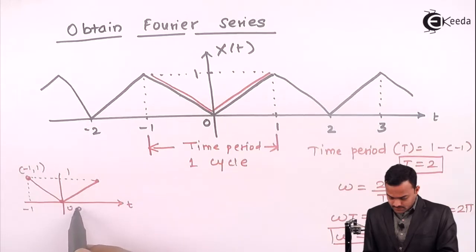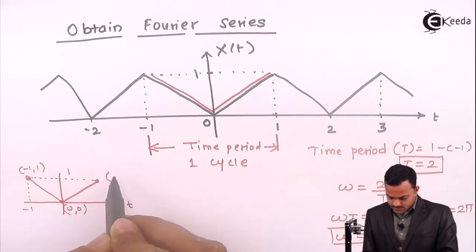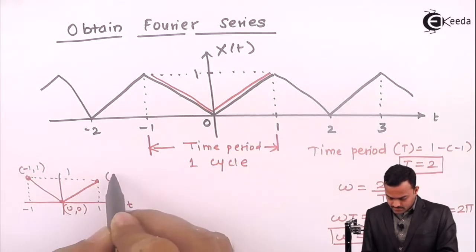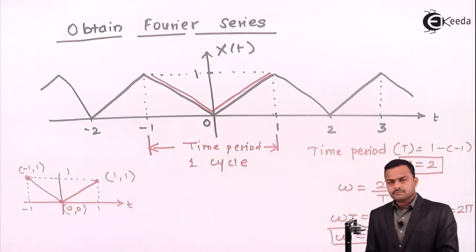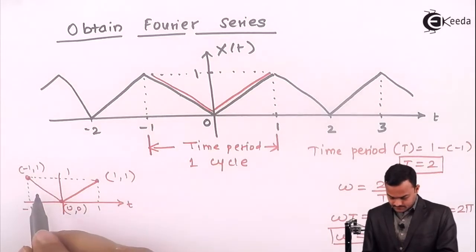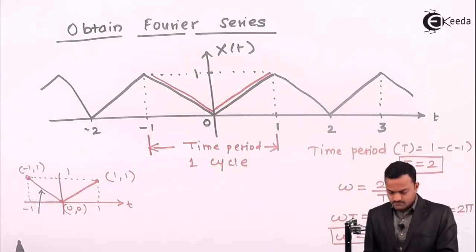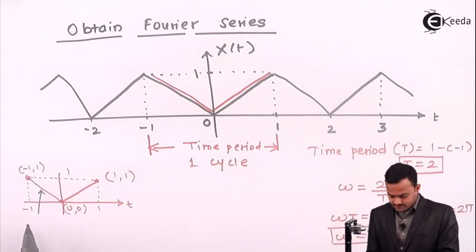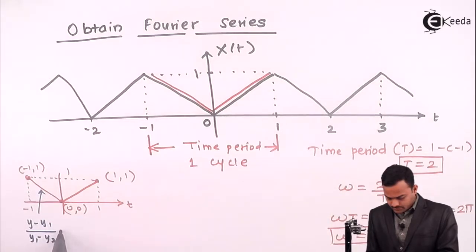This is the origin 0, 0, and this point has the coordinates 1, 1. So let's write an equation for this. The equation is (y minus y1) upon (y1 minus y2) equal to (x minus x1) upon (x1 minus x2).